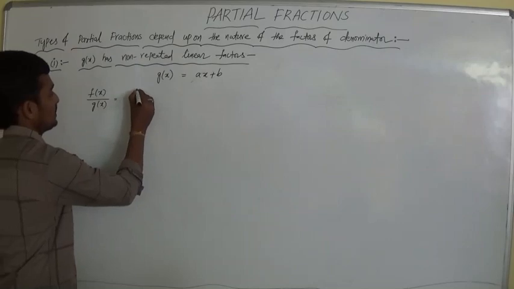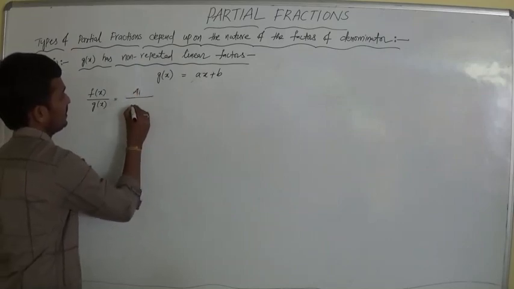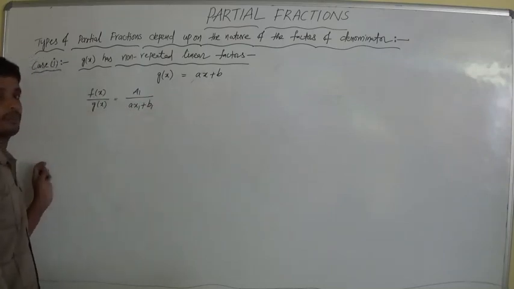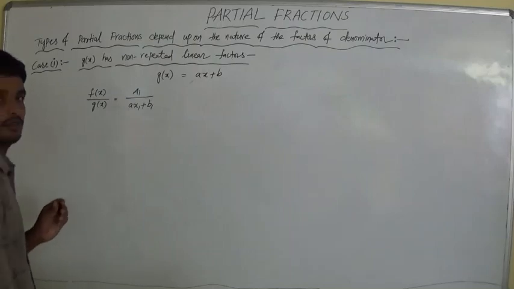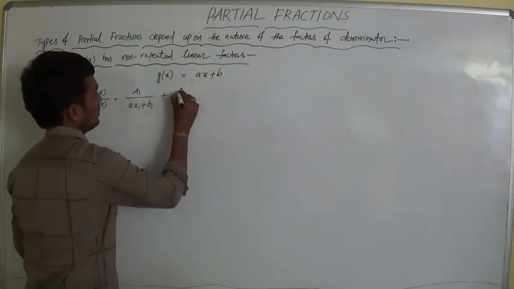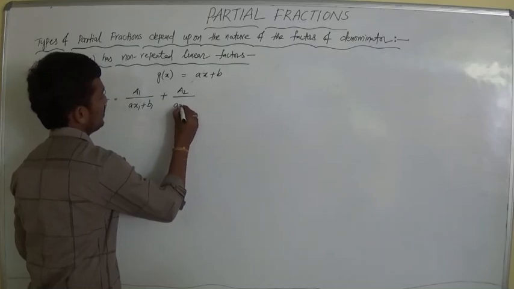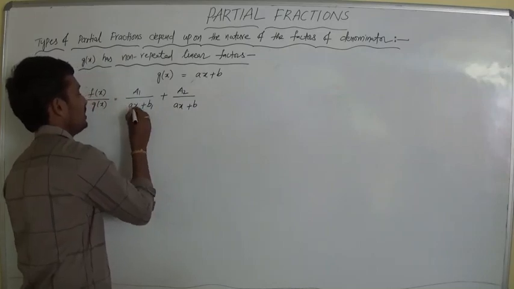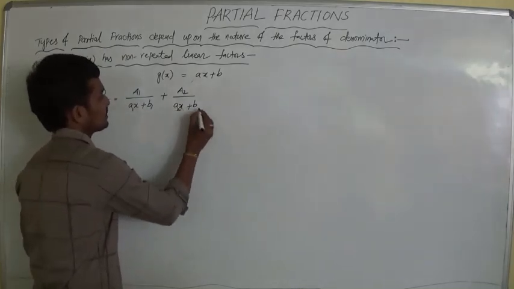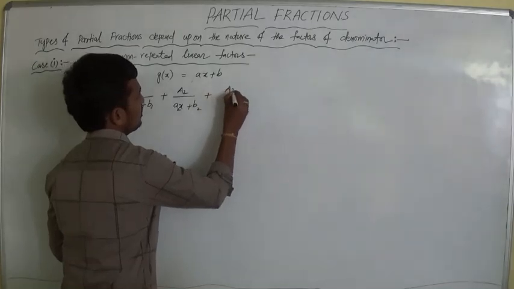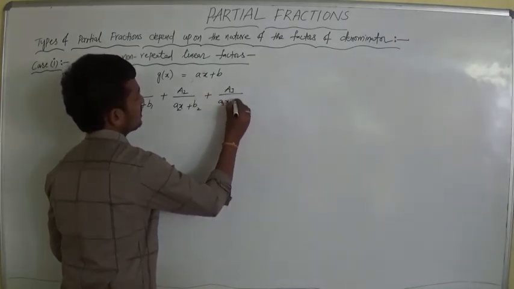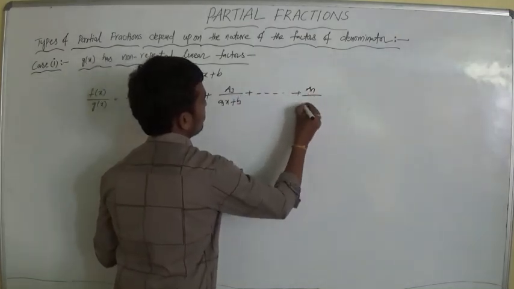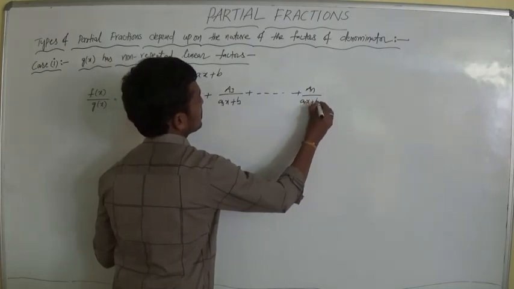The first factor is A1 by a1x plus b1, and the second factor is A2 by a2x plus b2, plus A3 by a3x plus b3, and so on, An by anx plus bn.